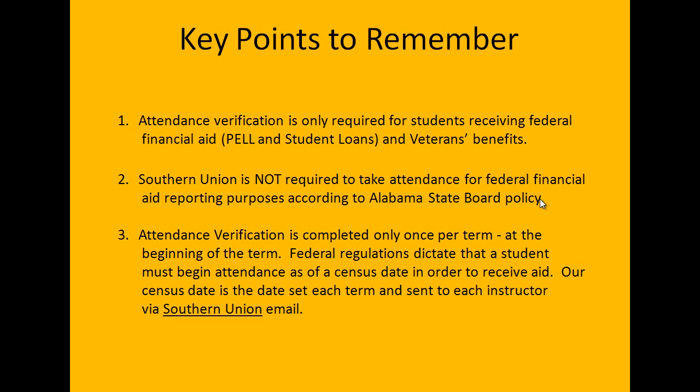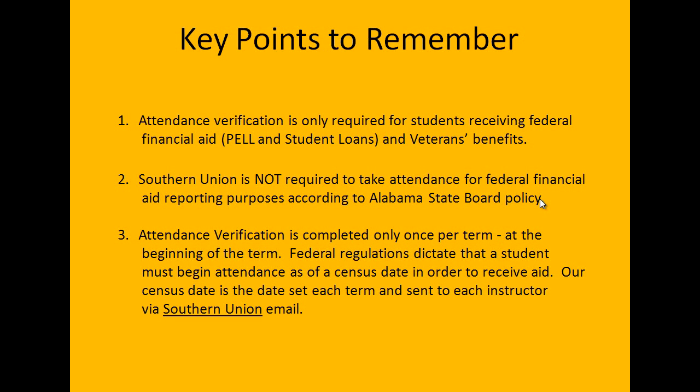According to the Alabama State Board policy, Southern Union or any two-year college in the state is not required to take attendance for federal financial aid reporting purposes. However, for federal disbursement rules, we must know if a student has begun attendance in a class in order to disburse aid to that student.